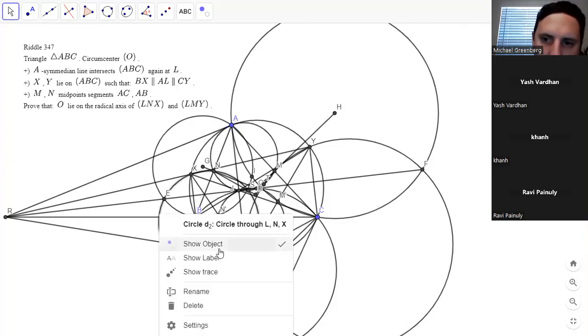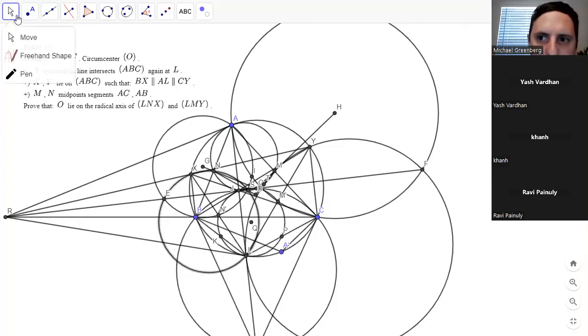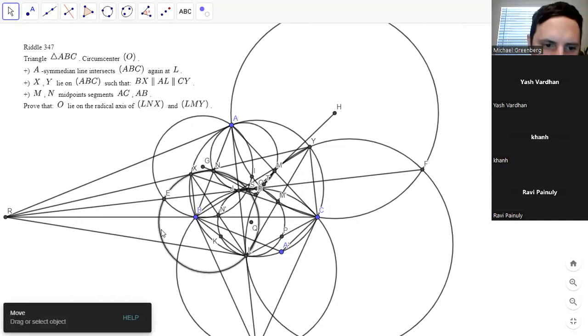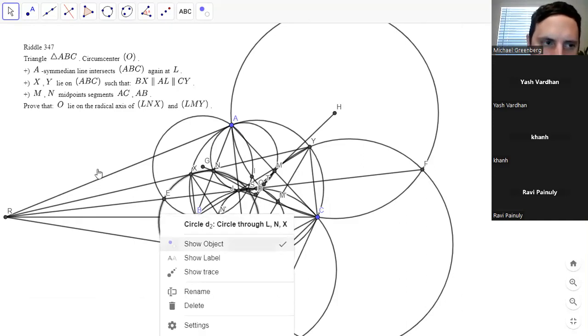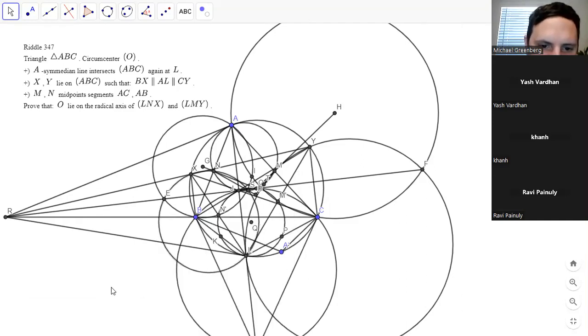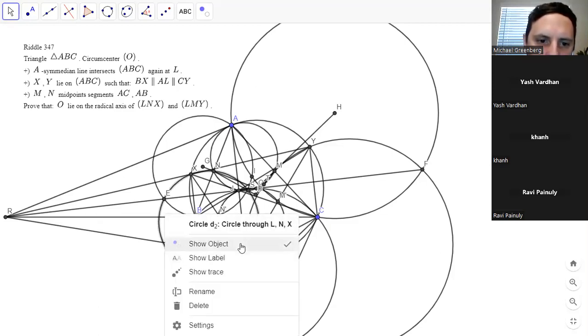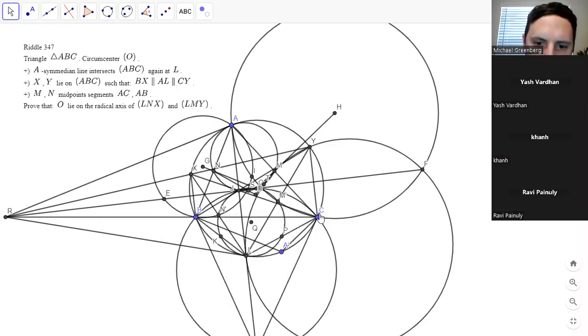I'm going to hide these circles. Yeah, unless you find a way to use these circles, I think I'm going to hide them. Because yeah, I feel like if we can use A and B instead, it's probably easier.